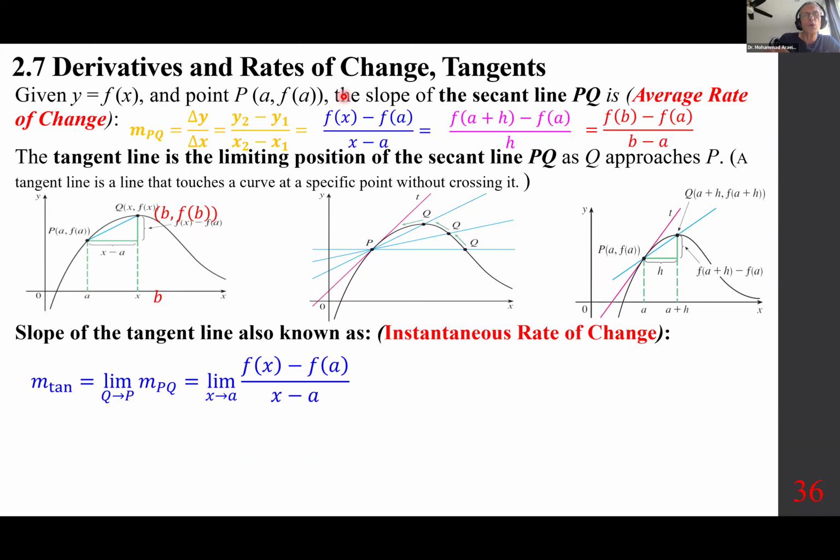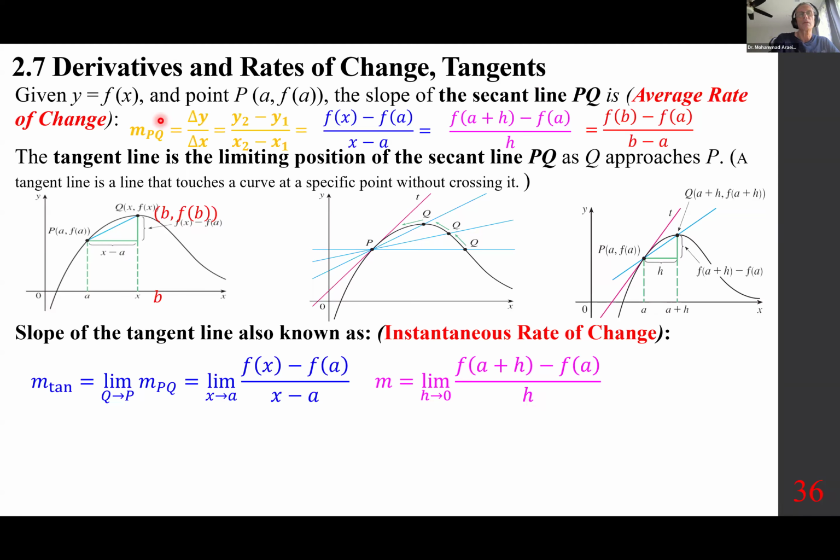With this format, x is approaching a. In other words, the limit of f of x minus f of a over x minus a as x approaches a. With this one, we take the limit as h approaches 0, as this distance becomes 0: the limit of f of a plus h minus f of a over h as h approaches 0.